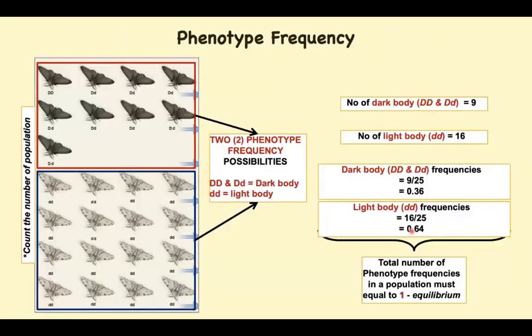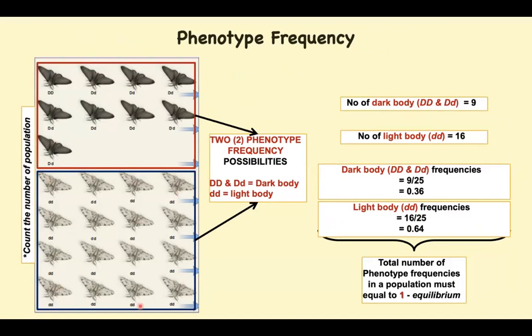Okay. So when we count the phenotype frequency, okay, phenotype, you tengok the expression, the trait yang keluar. Okay, so what you can see are two types, which is dark body and also light body. Okay, so you kira total dulu.